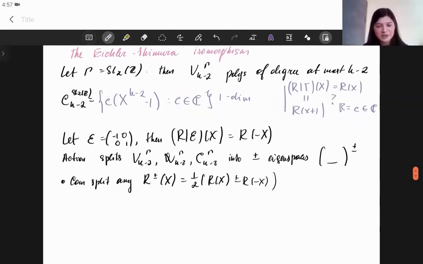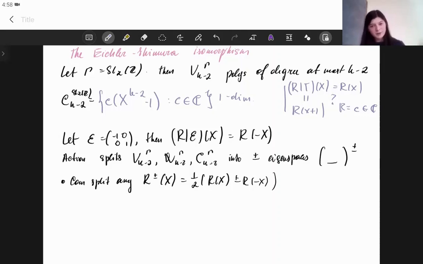But to get to the Eichler-Shimura isomorphism, we need one more ingredient. Let's take the matrix epsilon, minus 1, 0, 0, 1. Then the slash action on R, in this case R is just a polynomial of degree at most k minus 2, equals just R of minus x. In particular, the action of epsilon will split all of the different subspaces into plus and minus eigenspaces.